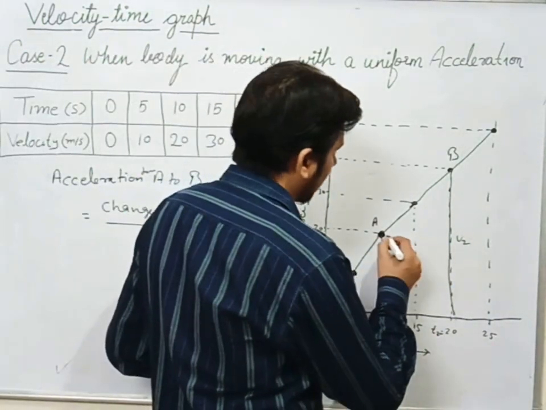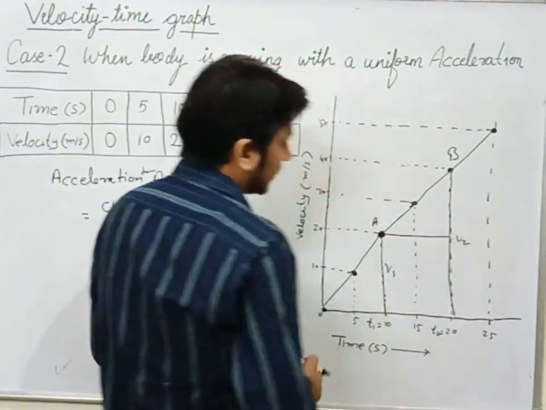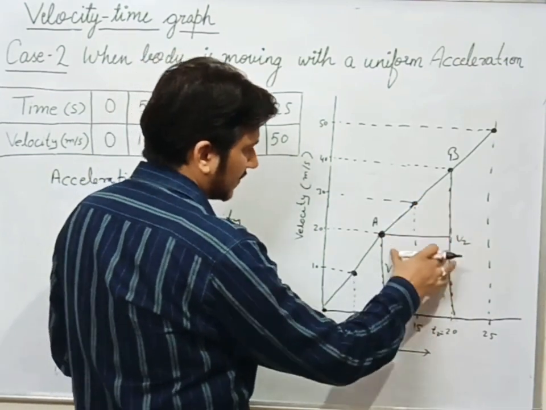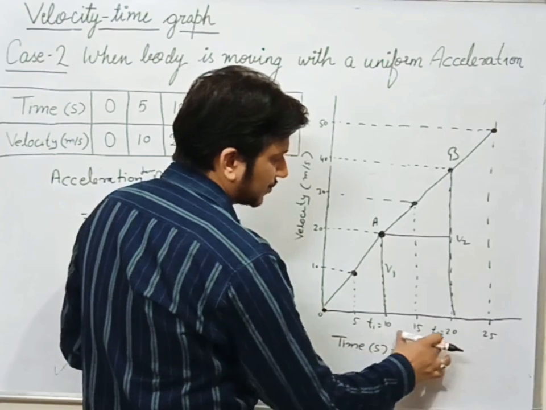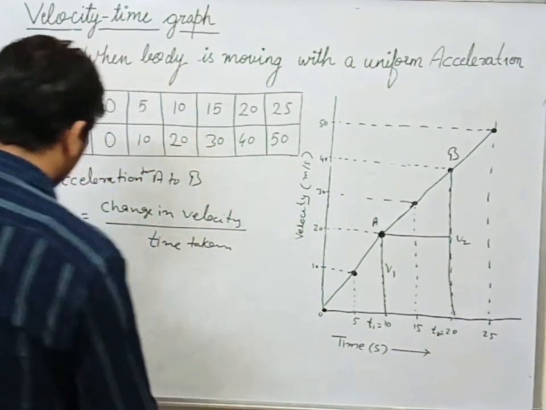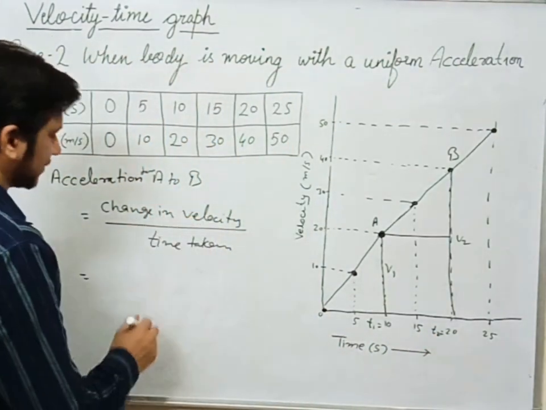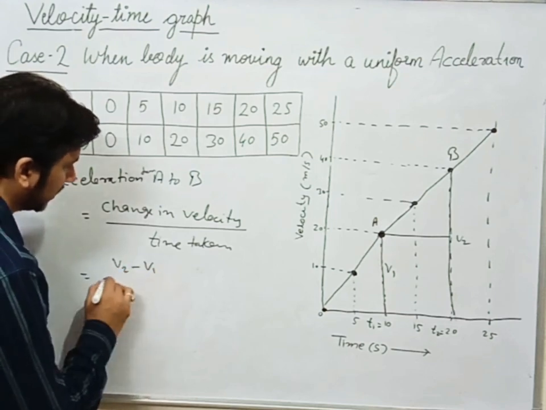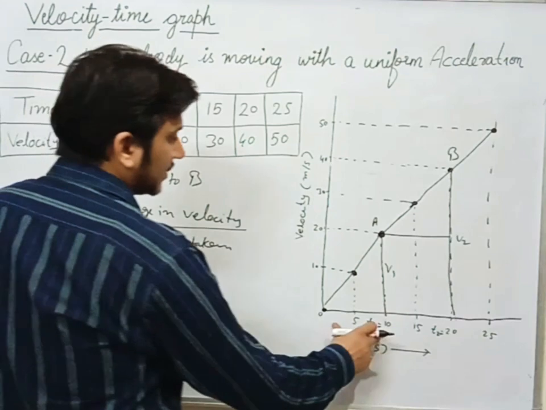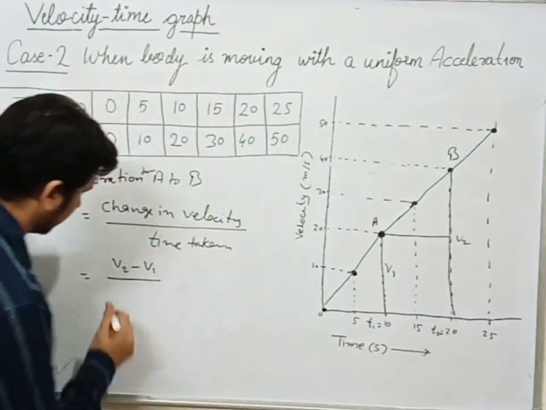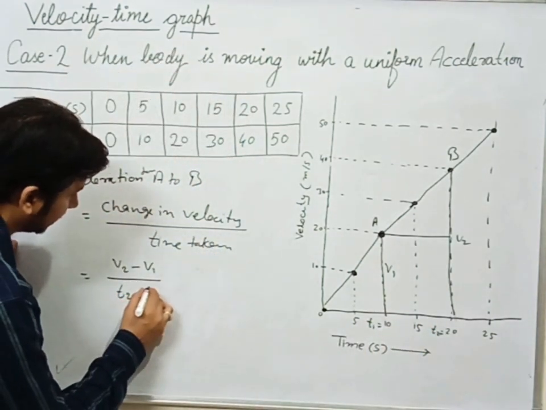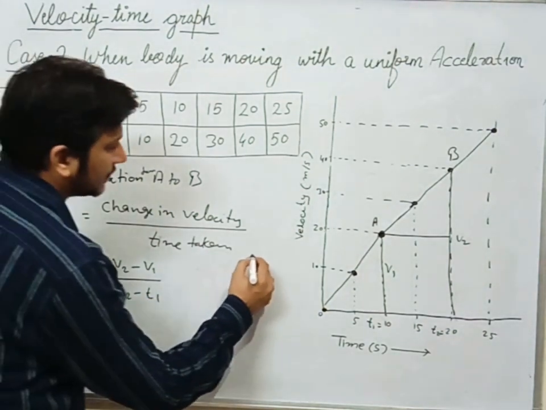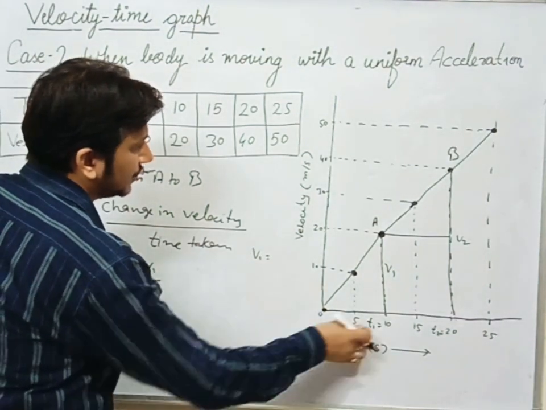Now the change in velocity is V2 minus V1 and the time is T2 minus T1.